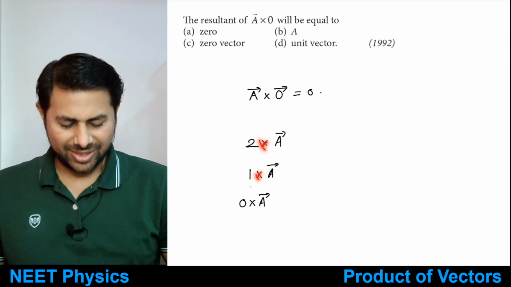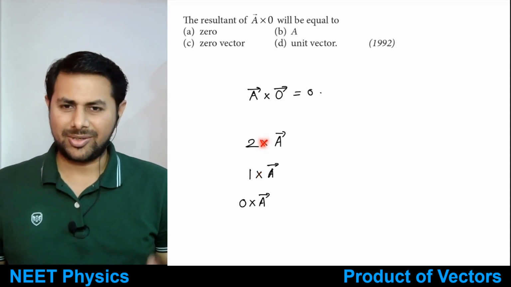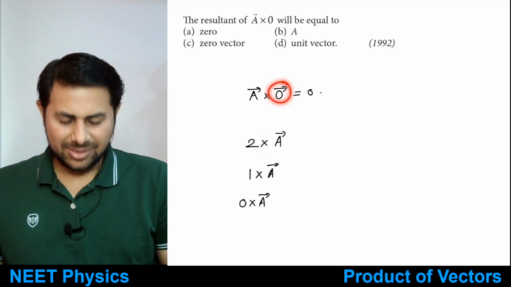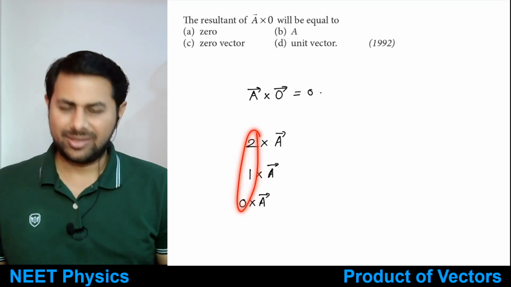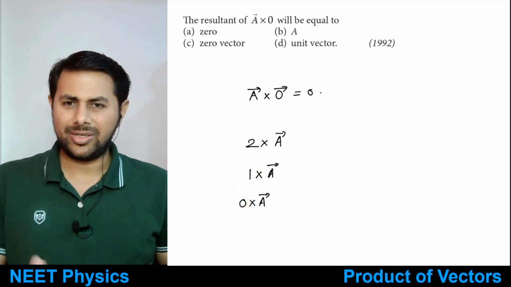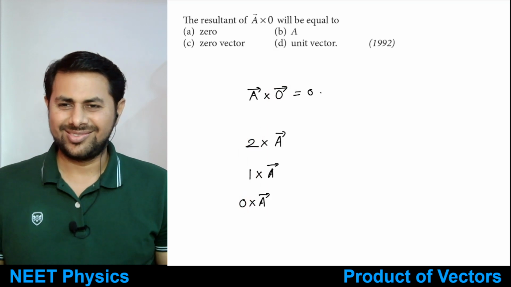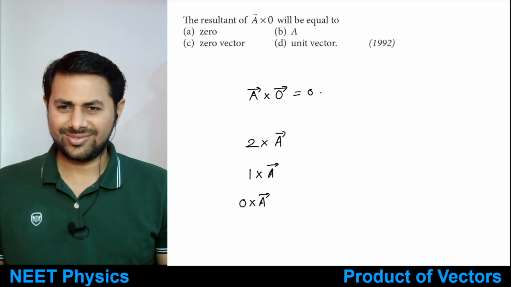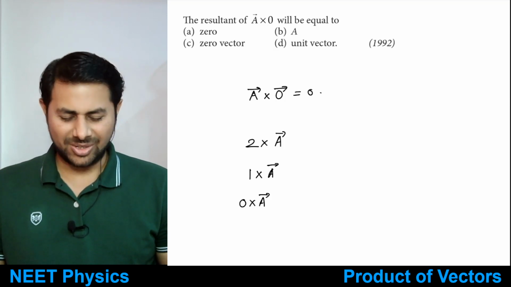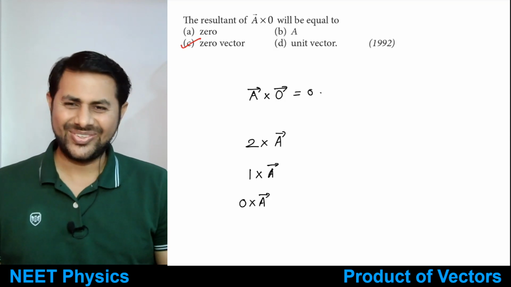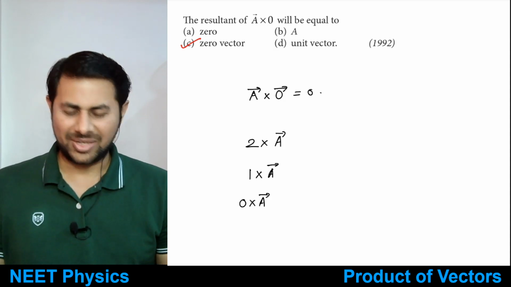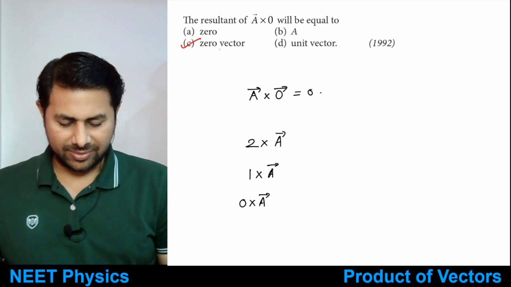Now this cross or dot doesn't matter here, because you're multiplying with a number. This one was a vector, here it's a number, so number times a vector is what? It's a vector, no? So what's the answer? 0 vector. Your earlier answer was correct, right? Okay, good. So the answer is 0 vector.